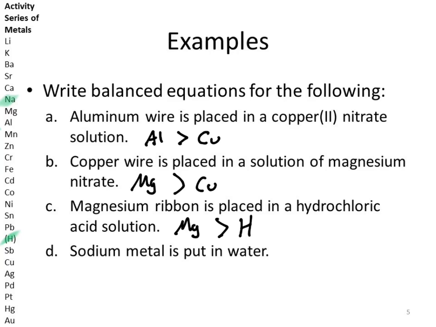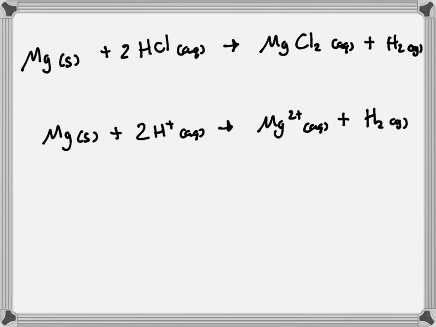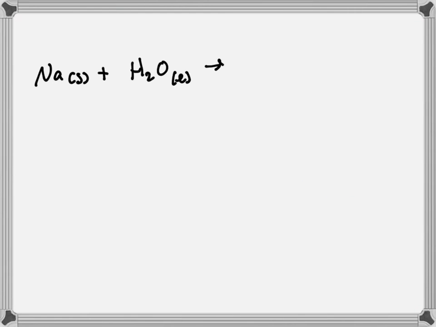So sodium is way more active than hydrogen there. So in this reaction, we will get sodium hydroxide and hydrogen gas. Okay, and then we'll balance it with a 2 there, a 2 there, and a 2 there.